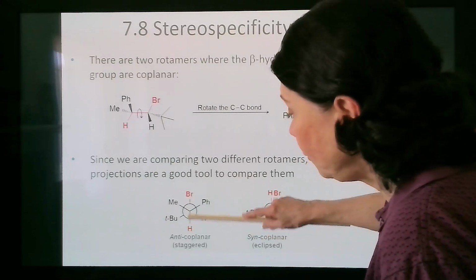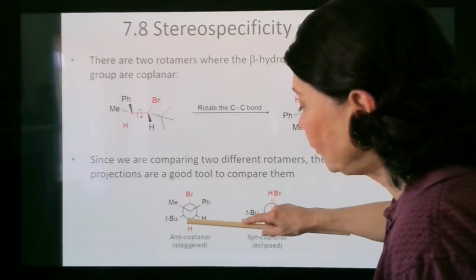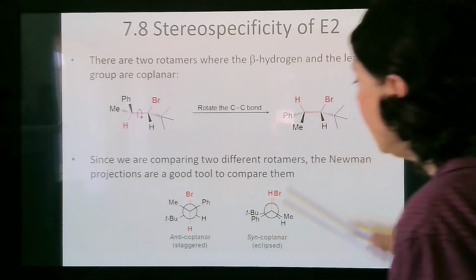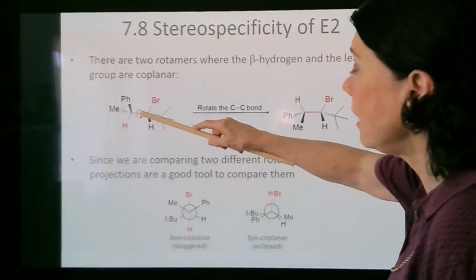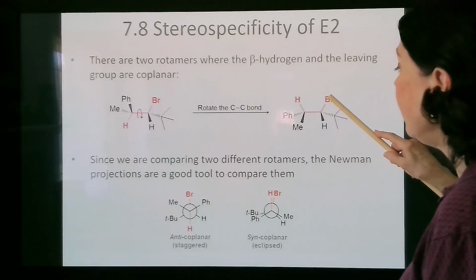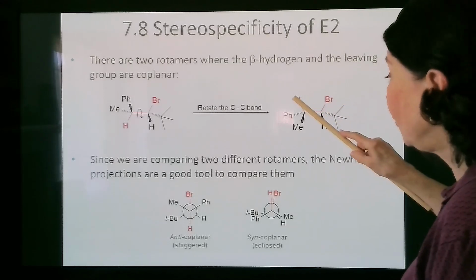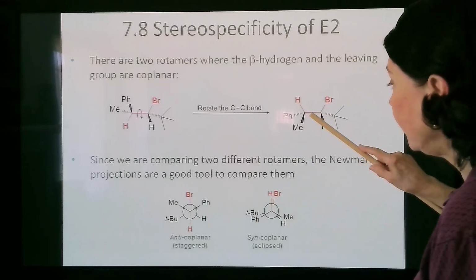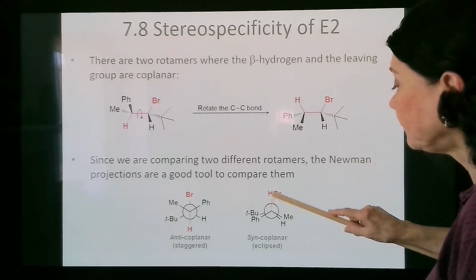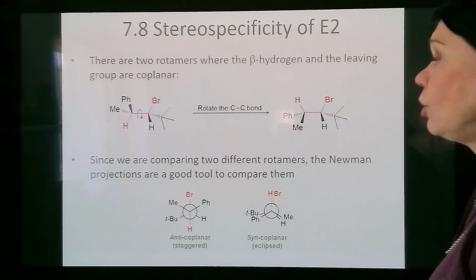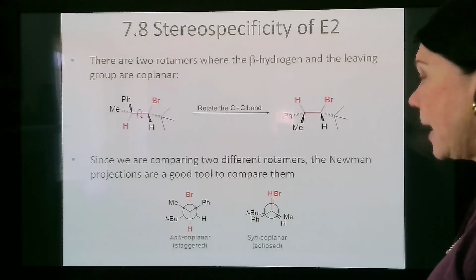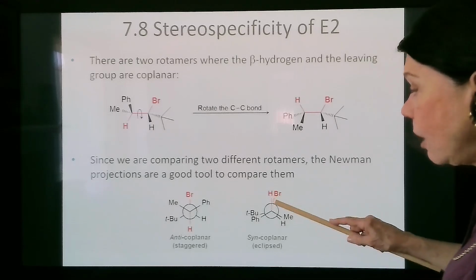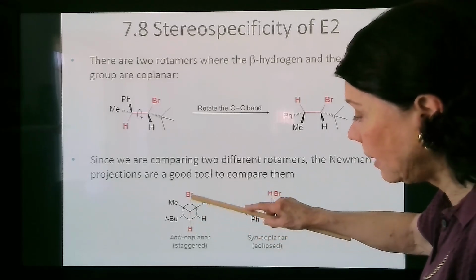Here, this shows you the need to have these anti-coplanar in order for the reaction to occur. Here, if you rotate this so that you have these two cis to each other, or syn, and yet still in the same plane, the reaction could still occur, but it will be much slower because you don't get the good overlap like you do here.